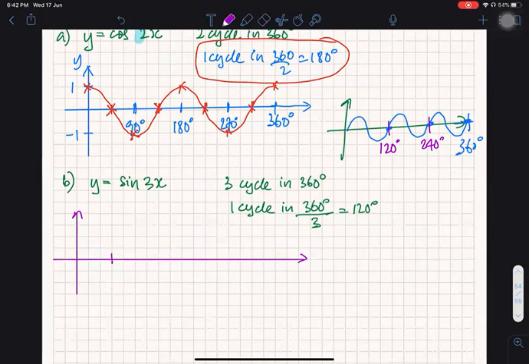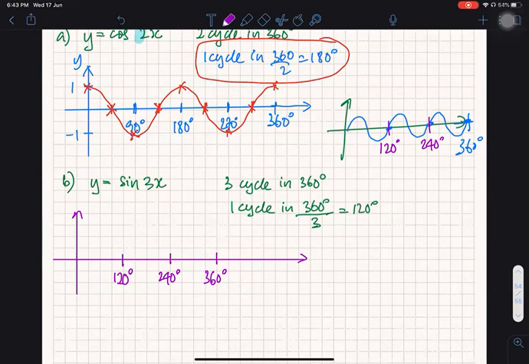So let's do 120, 240, and 360. Does that make sense to you? Zara, do you understand? Do you guys understand why it's 120, 240, and 360? It's in increments of 120. One cycle every 120. Okay, good.